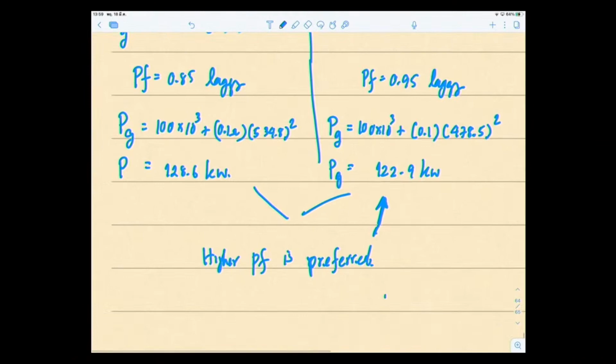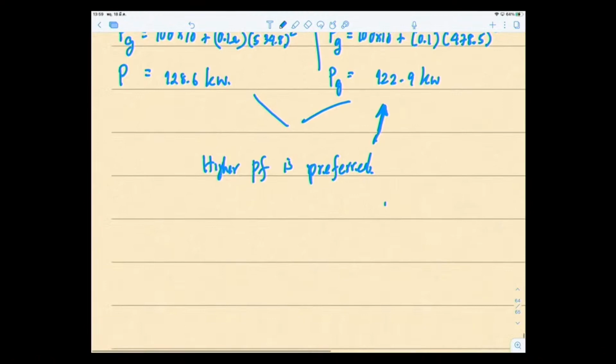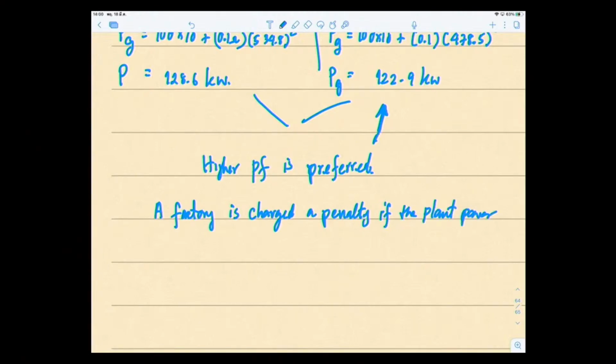So now the best way is to look at an example of how to correct a power factor. Let's say that I have a factory, and the factory is charged a penalty if the plant power factor drops below 0.85.